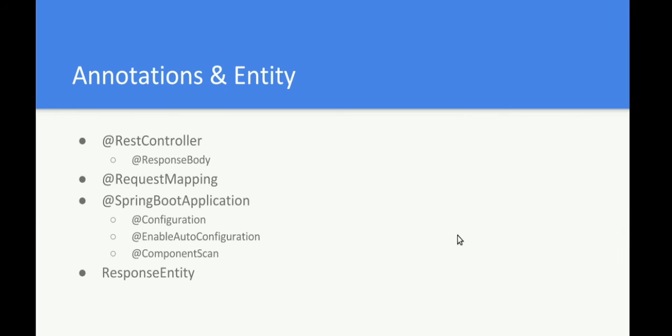Now next, the significance of @EnableAutoConfiguration is that when you use this annotation, it scans the classpath and automatically creates beans and registers them with the application context. Next is @ComponentScan. This annotation tells Spring that this particular class needs to be registered as part of the application context.